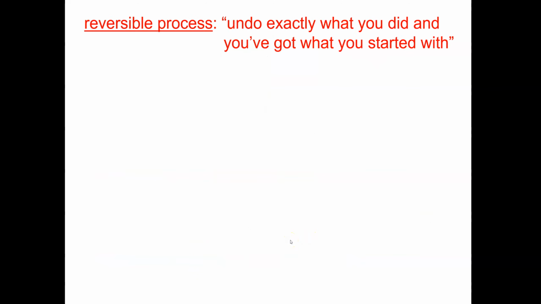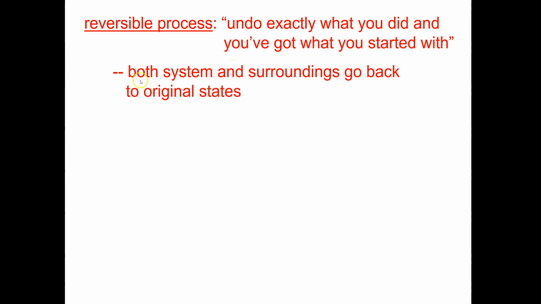Okay, so let's go over reversible processes. If you remember from equilibrium, a reversible process is something where you can undo it and get what you started with. Some reactions are considered to be reversible, and both the system and the surroundings always go back to the original state. So if I give you something where I want you to reverse course and change the color from green to blue or blue to green, backwards and forwards, we're going to call this a reversible process.